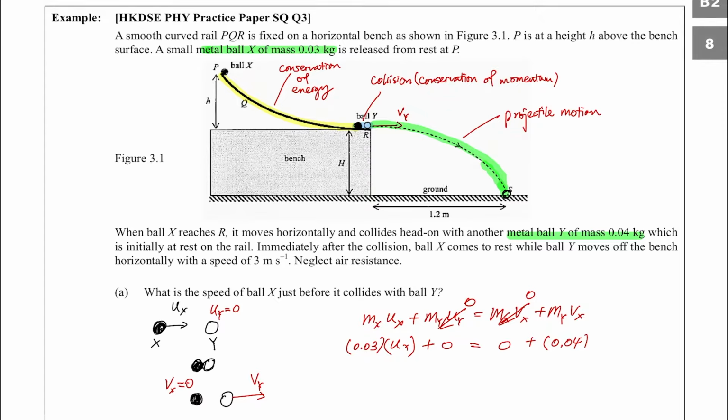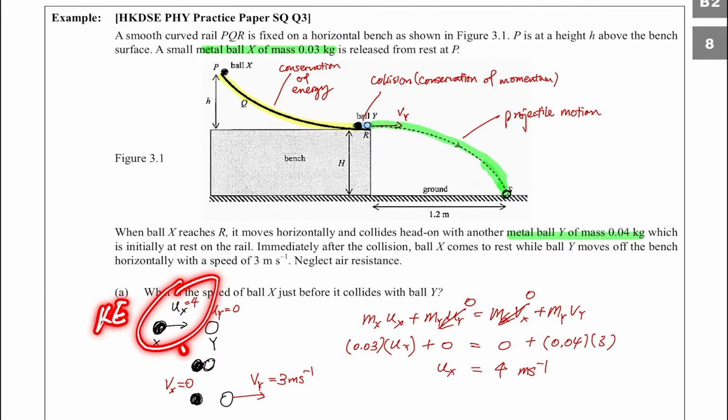This should be Vy, and Vy equals 3 meters per second, as stated here. Solving this equation, this would give us Ux equals 4 meters per second. So therefore, we know that before the collision, ball X is moving with a speed of 4 meters per second.